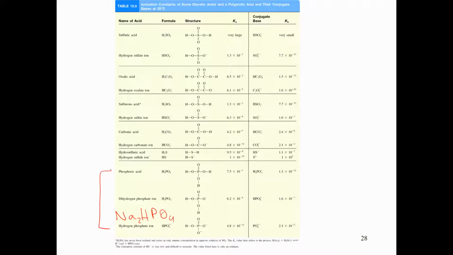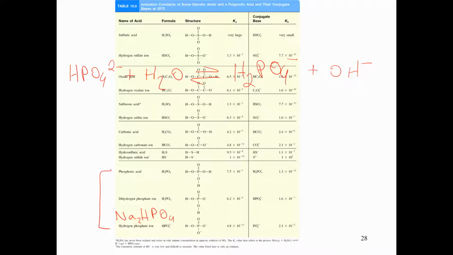I dissolve that in solution, and I would end up with HPO4 2 minus, and it would react with water to produce H2PO4 minus plus OH minus in solution. Okay, so it's a stronger base than it is an acid because its acid ionization constant is very low.